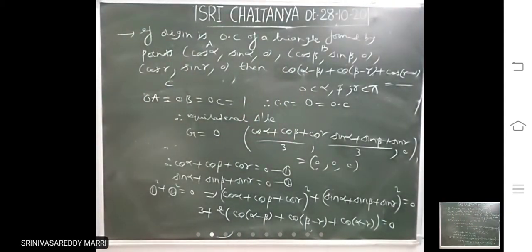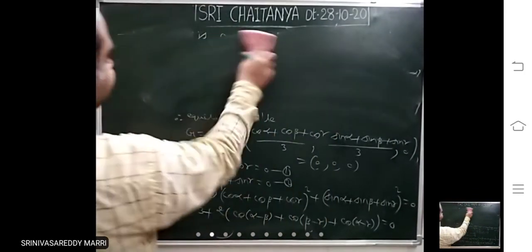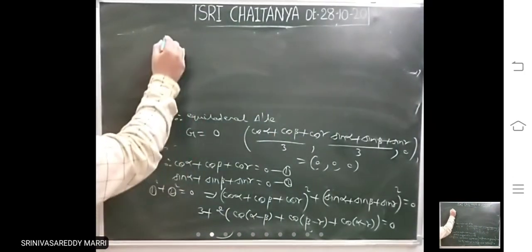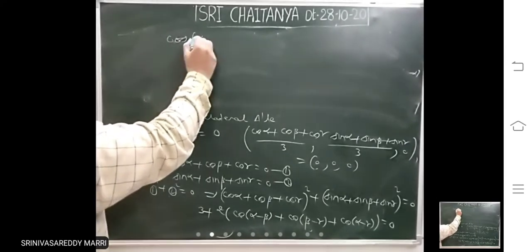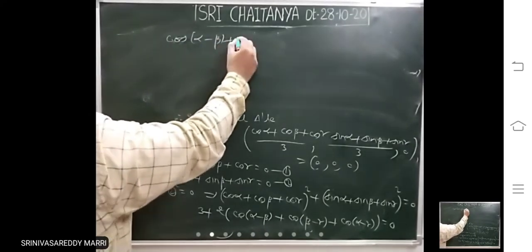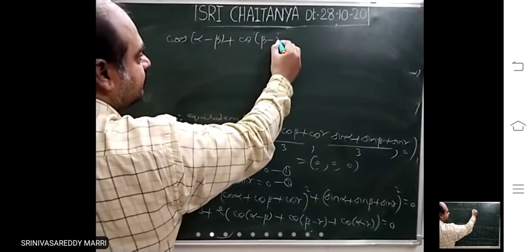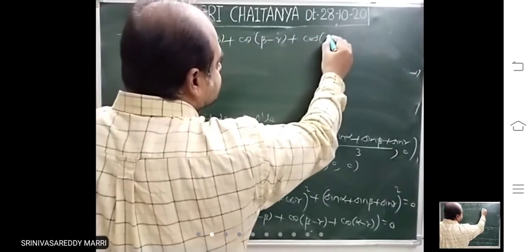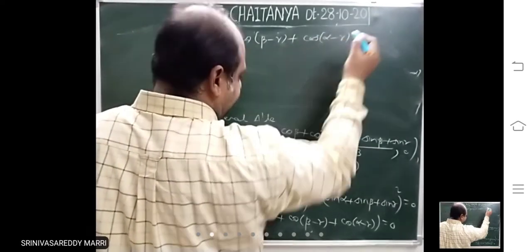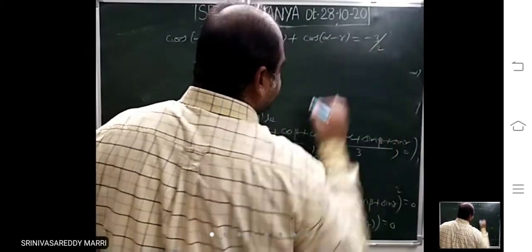So what is our required result? Cos of alpha minus beta plus cos of beta minus gamma plus cos of alpha minus gamma is nothing but minus 3 by 2.